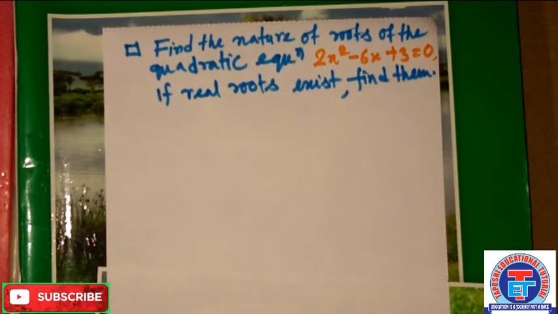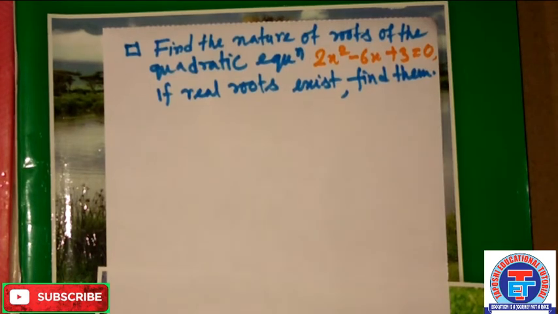Now my dear student, here given another problem regarding the nature of roots. Find the nature of roots of the quadratic equation 2x square minus 6x plus 3 is equal to 0. If real roots exist, then find them.